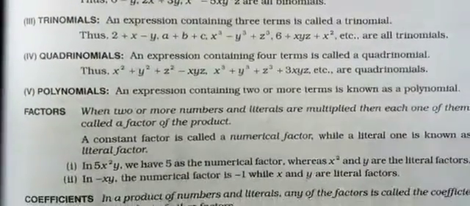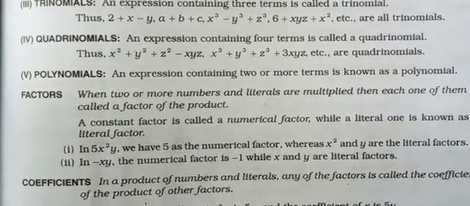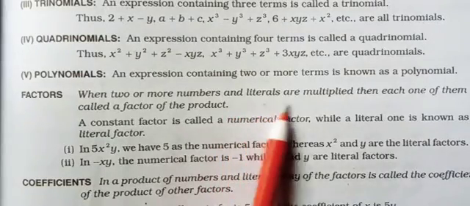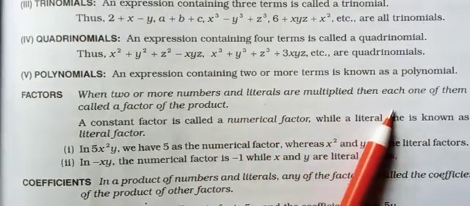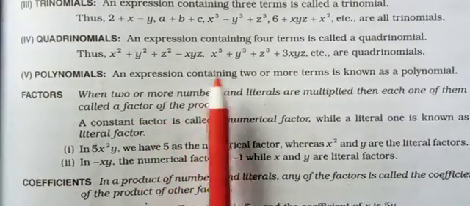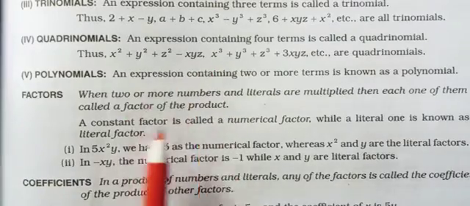Next come to factors. What is a factor? When two or more numbers and literals are multiplied, each one of these is called a factor of the product. These are the literals we have read earlier.